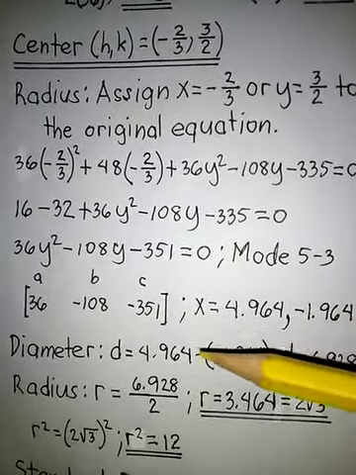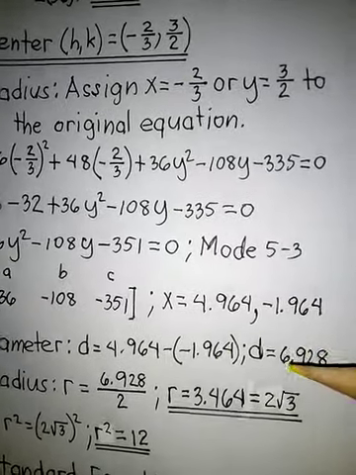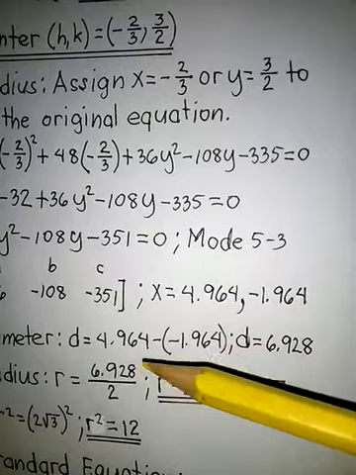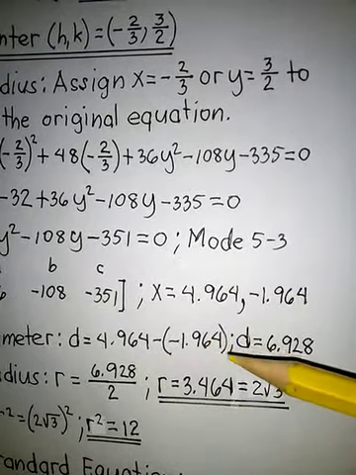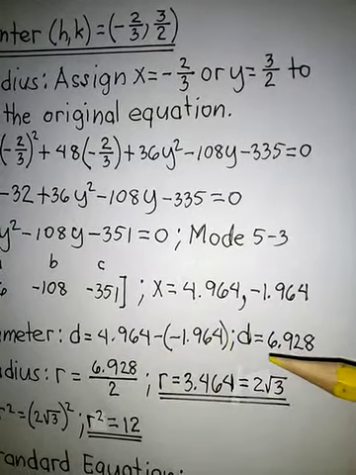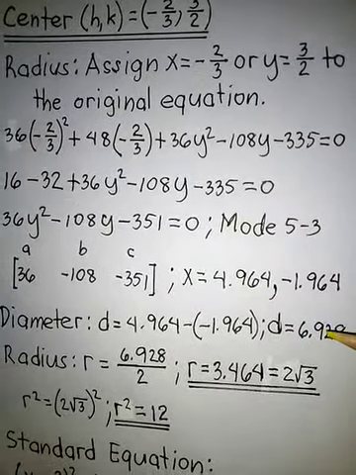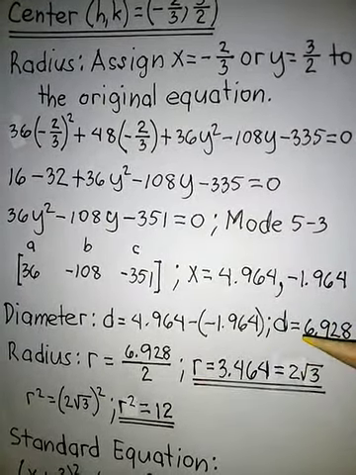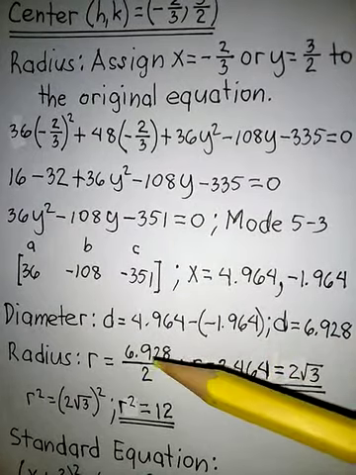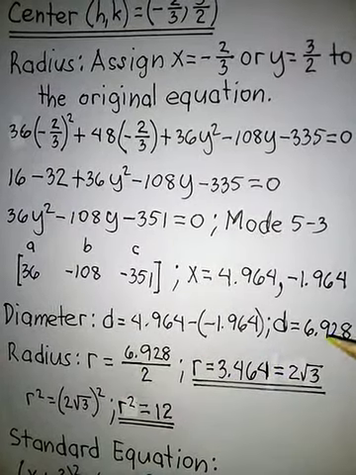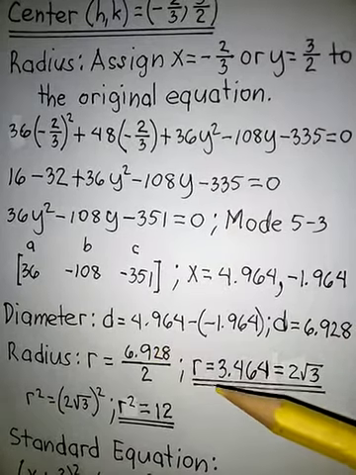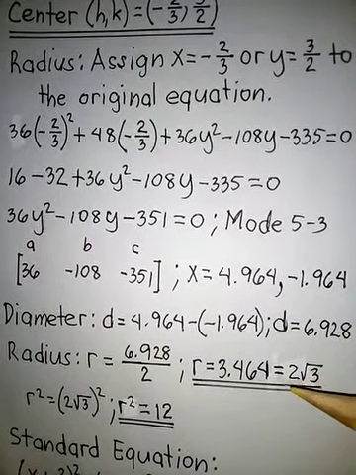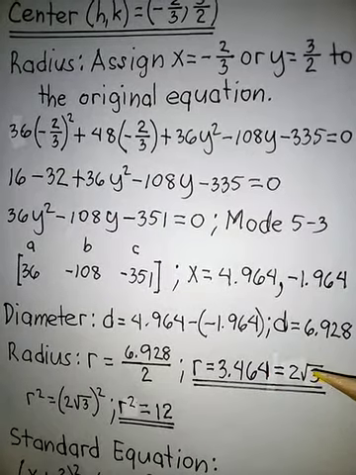Now, for the diameter, just get the difference of these two answers. So we have 4.964 minus negative 1.964 is equal to 6.928. So this is the diameter. And then for the radius, just divide this by 2, we can get the radius to be 3.464, or simply the radius is equal to 2 square root of 3.